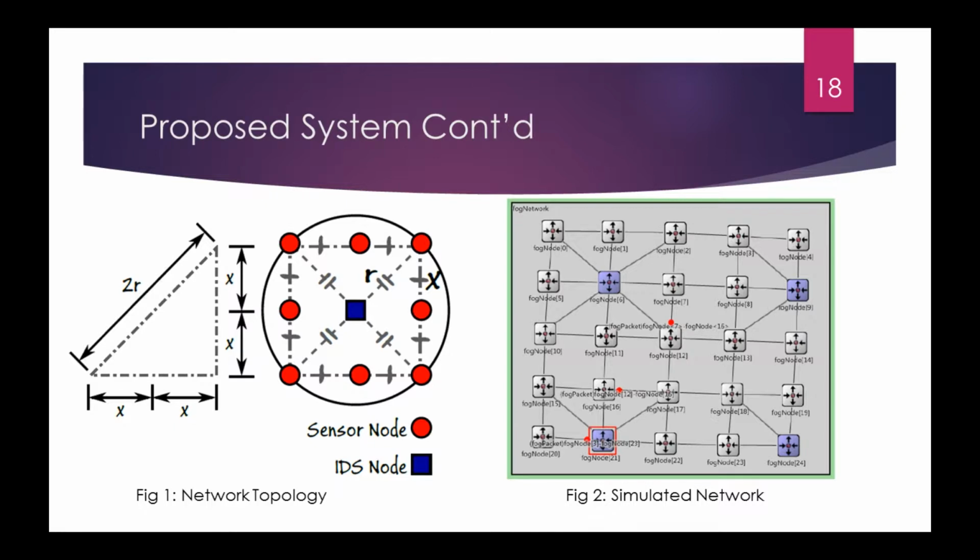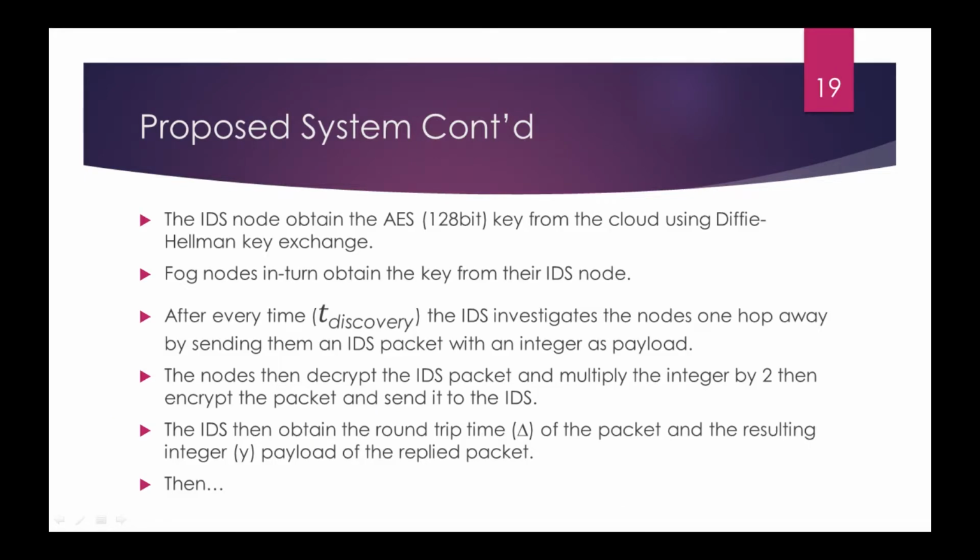It will investigate the nodes one hop away from it, and it will investigate each node by sending an IDS packet with an integer. It expects the fog node to decrypt the IDS packet, multiply the integer by 2, and then encrypt the packet and send it back to the IDS.